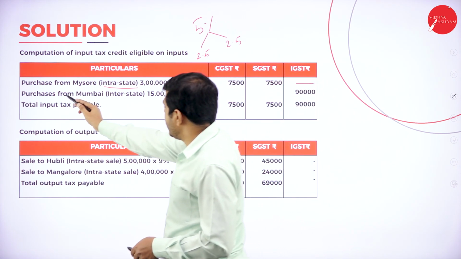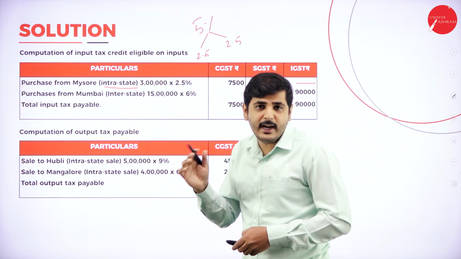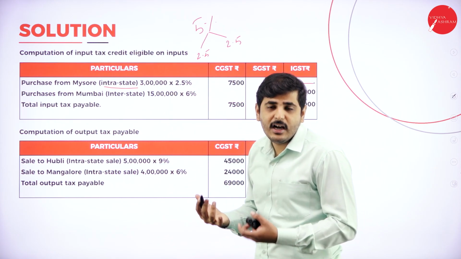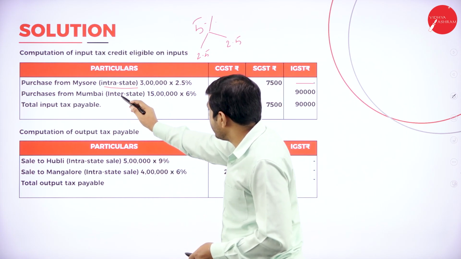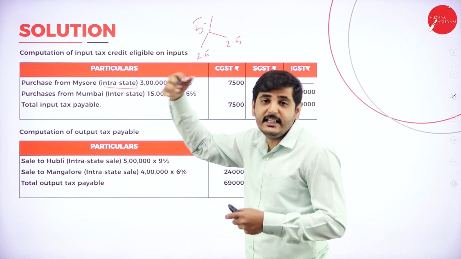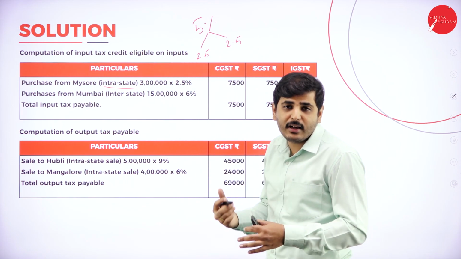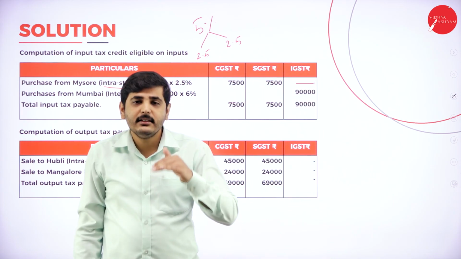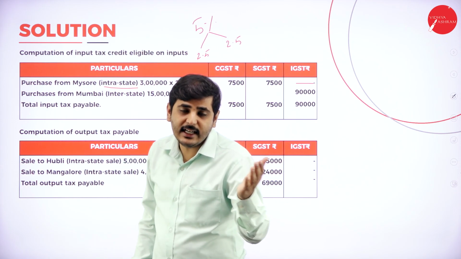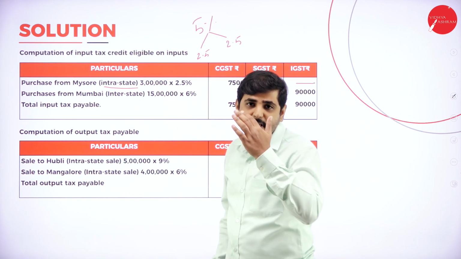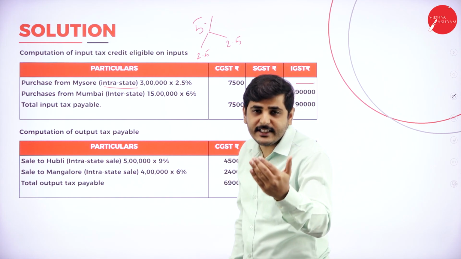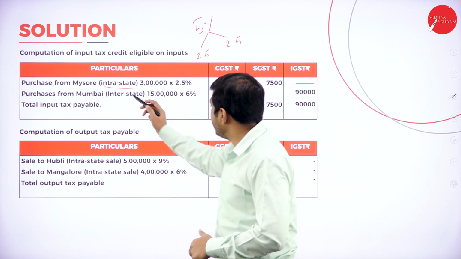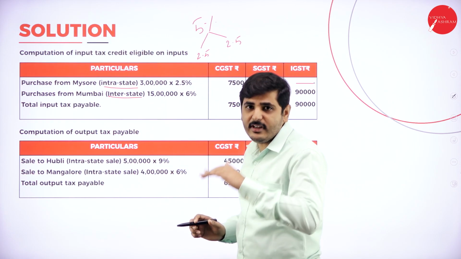Again, come to purchase from Mumbai. Where is Mumbai? It is out of the state. Our business is in Karnataka. So we are purchasing from another state, from Mumbai to Karnataka. If we are selling or purchasing goods from another country, or from another state apart from Karnataka, then it is called interstate, between two states.